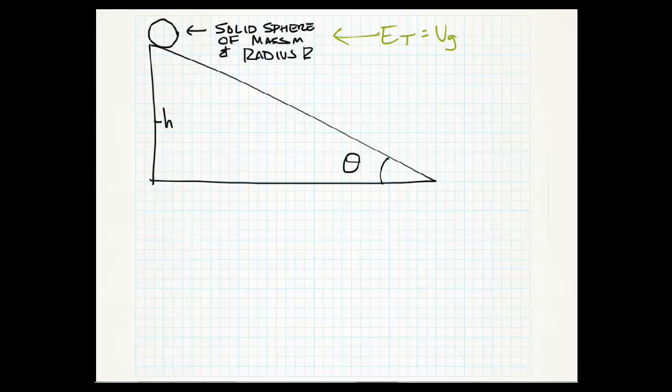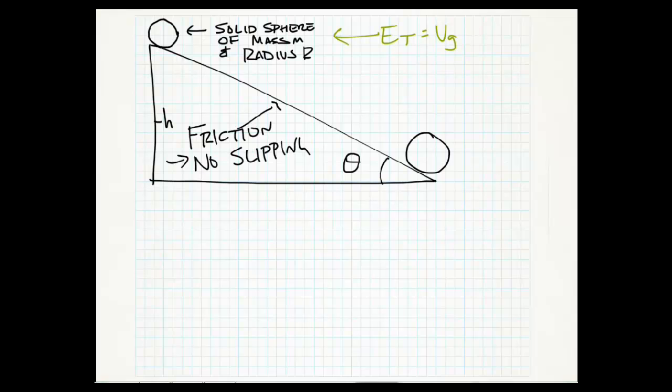At the bottom, this thing is going to roll down. We're going to say that this has friction, which means we're going to have no slipping at all. So as this thing makes it to the bottom, it's going to be moving with a speed. At the same time, it's going to be rotating with some omega.